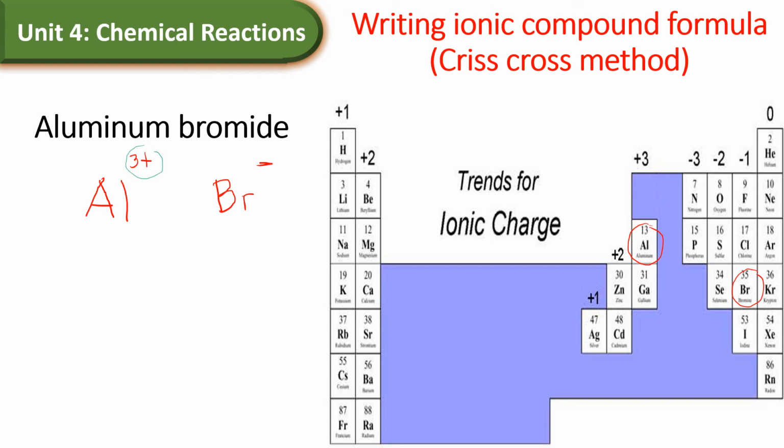This charge here will go here, and this charge here will go here. So it will look like this: Al negative, then Br3 positive. Again, you don't need a charge for this one. So the final answer will be AlBr3.